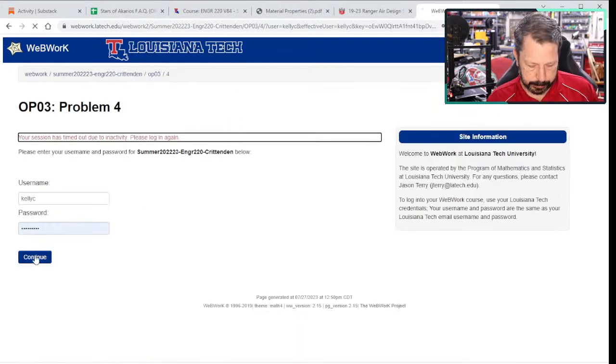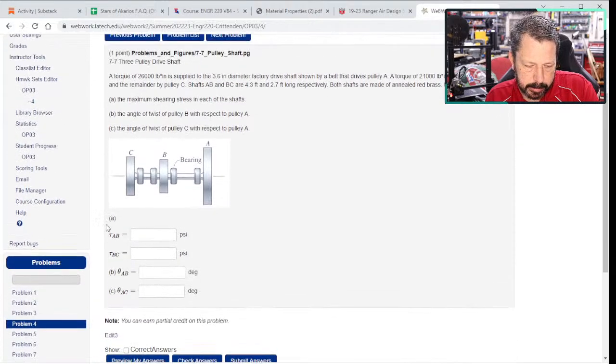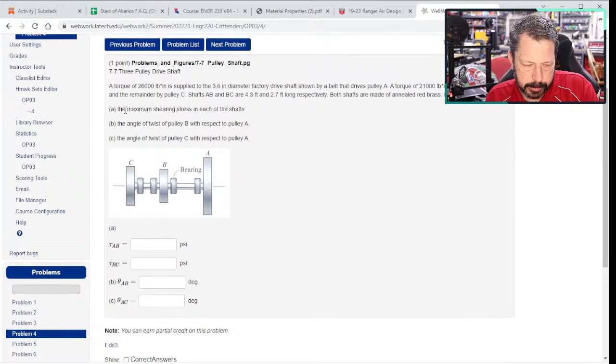Angle of twist is pretty straightforward. Let's see, maybe this one, we can skip the shear stress part, but maybe this one. Let's look at this, because it has one thing that we haven't done yet.